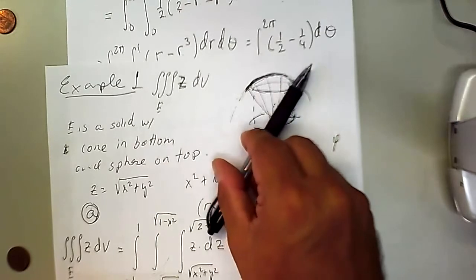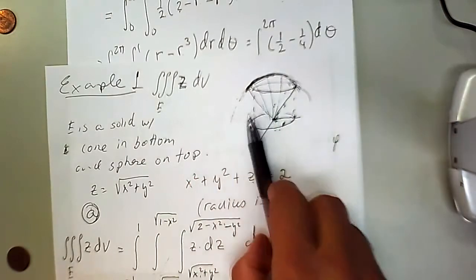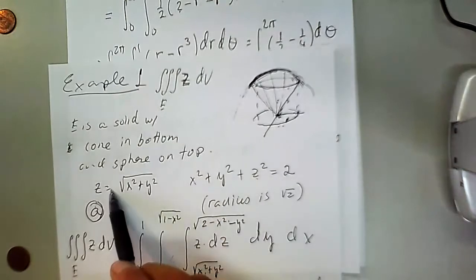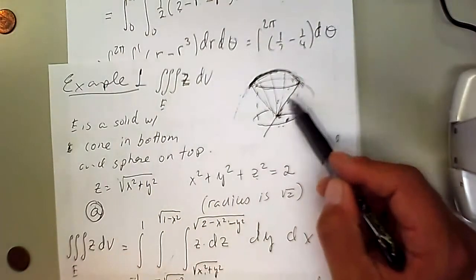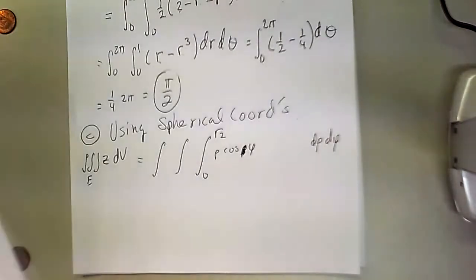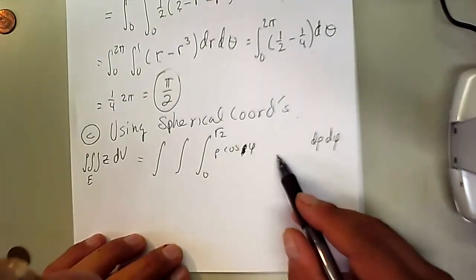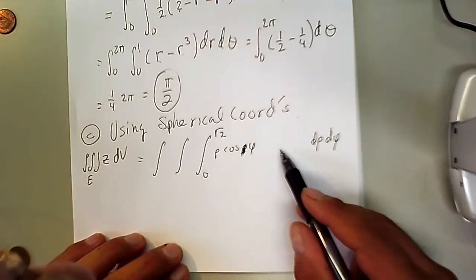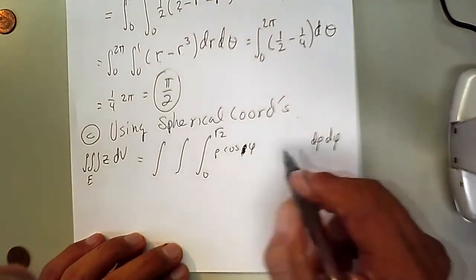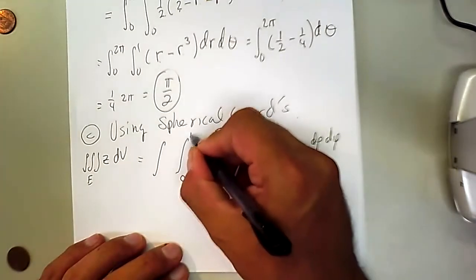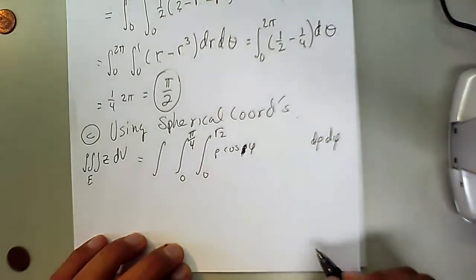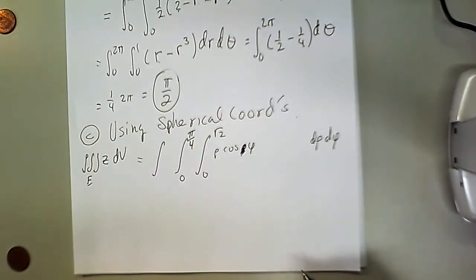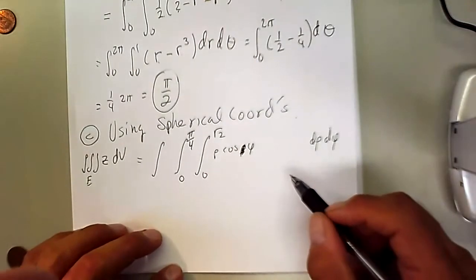It only drops up to 45 degrees, and the reason is because of this guy has an angle of 1. So phi goes from 0 to 45 degrees. Of course, we're not going to put 45 degrees on our integral because we are in calculus. In calculus, we use radians. So that's pi over 4.